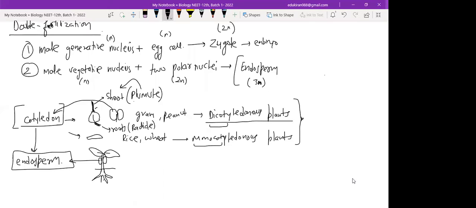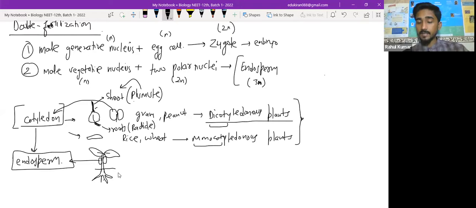So cotyledons are like the seed leaves, they later develop into the first leaves of the plant. If it has two cotyledons, it is a dicot plant, and if it has only one cotyledon, it is a monocot plant. Then endosperm is the food storage tissue of the plant. It's present in the cotyledon, okay? And cotyledons do not develop into the first leaves of the plant.